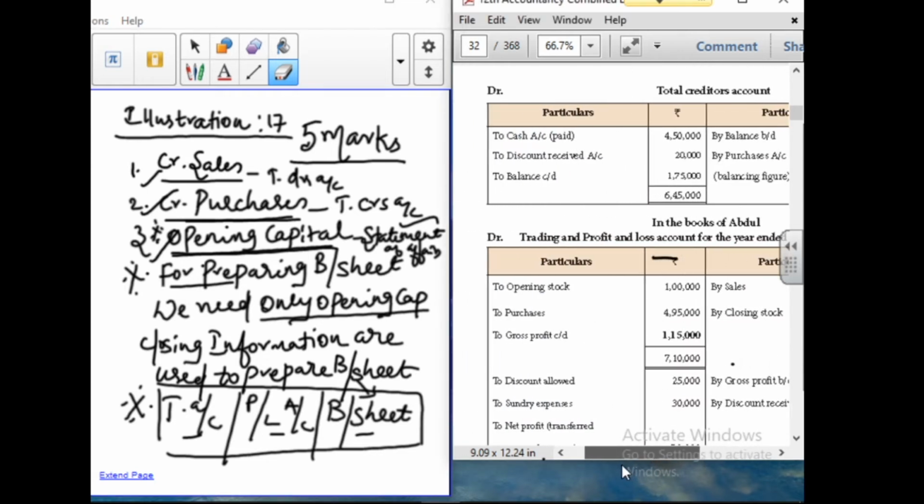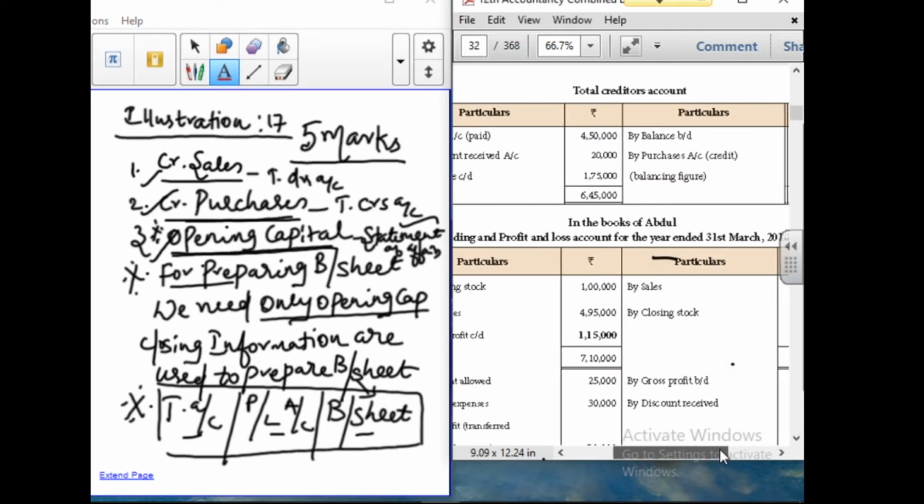Next we'll move on to what other information is available. Opening stock, purchases. Purchases is 4,95,000, the credit purchases we have found out. Next comes your sales. Sales amount is nothing but the credit sales.